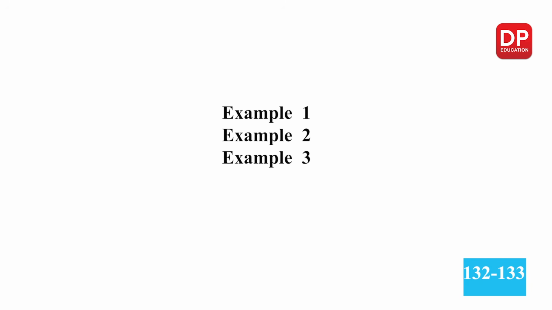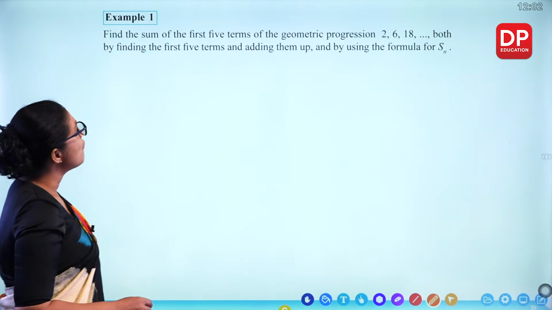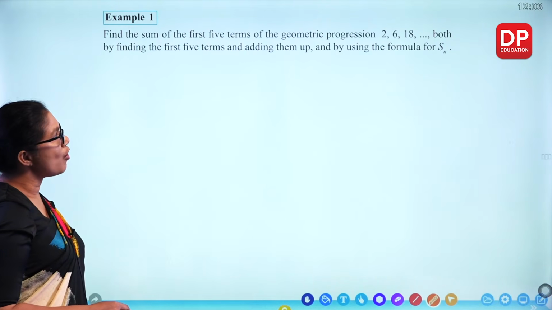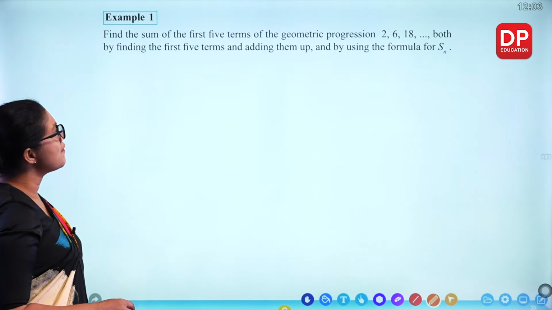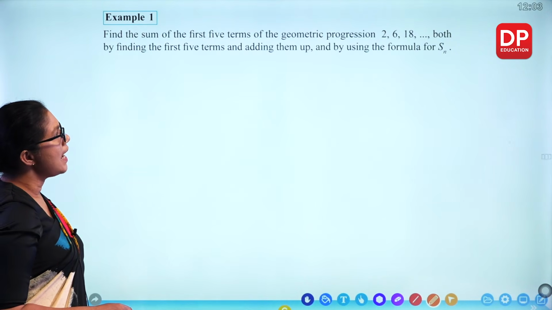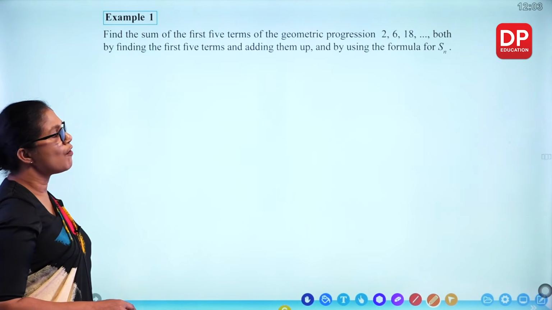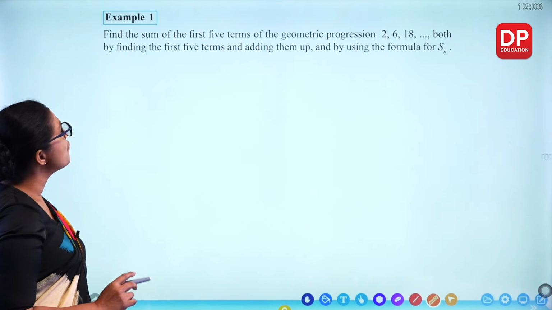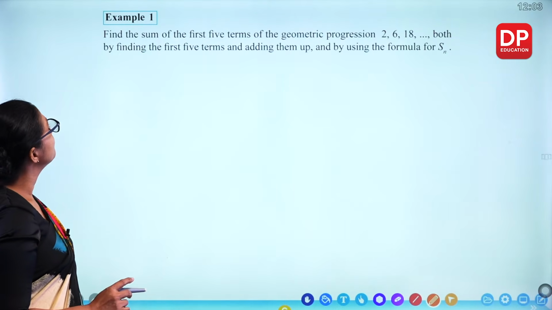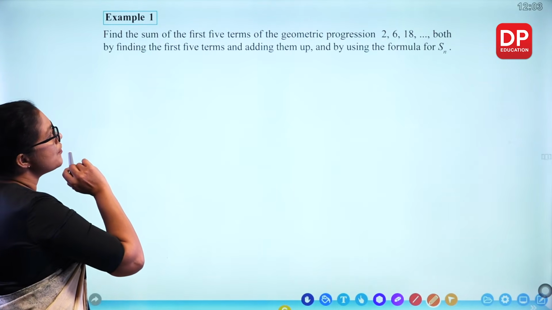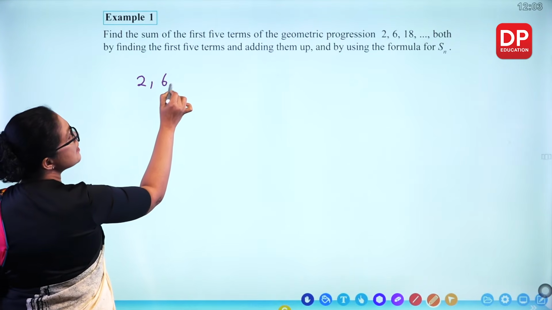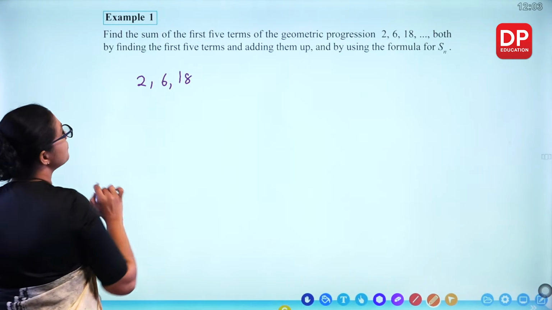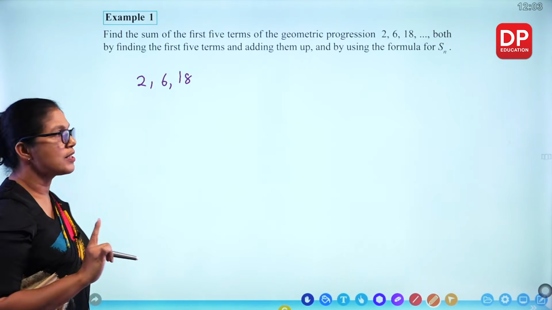Example number 1. Find the sum of the first 5 terms of the geometric progression, both by finding the first 5 terms and adding them up, and by using the formula for Sn. So first the 5 terms. Now look at the geometric progression: 2, 6, 18 given. We need another 2 terms.